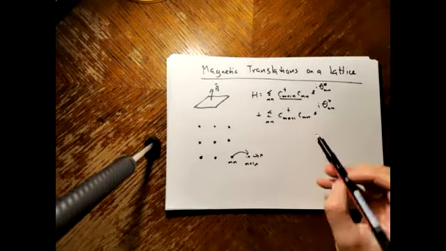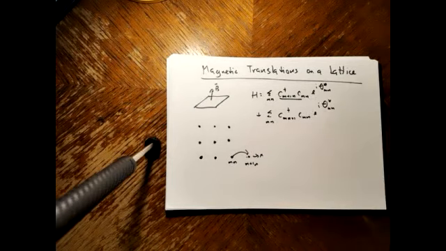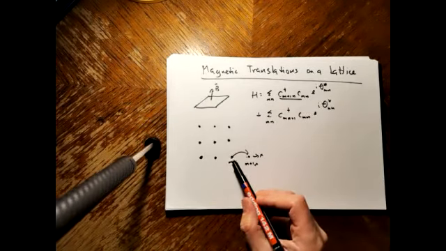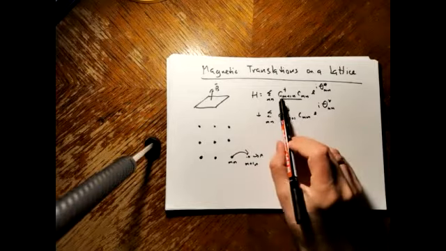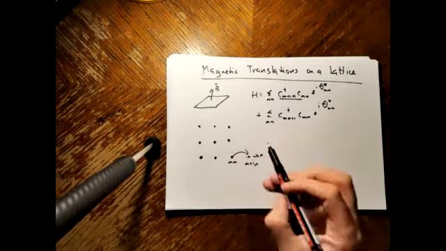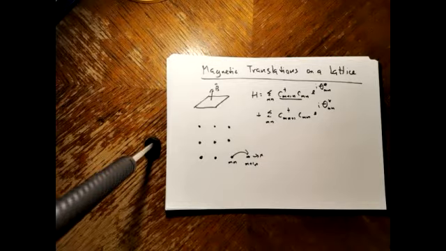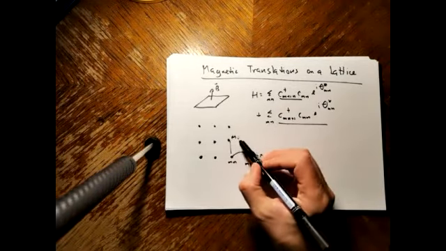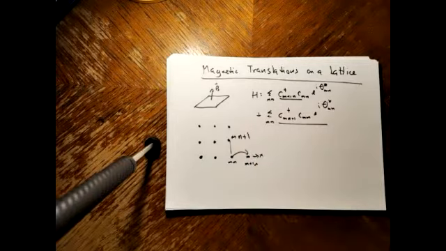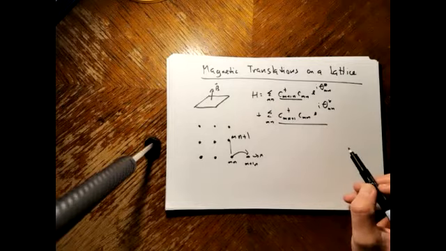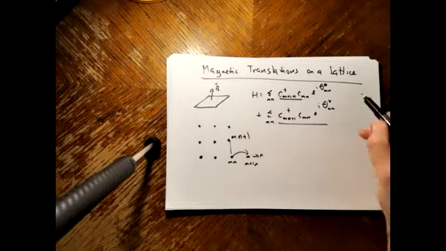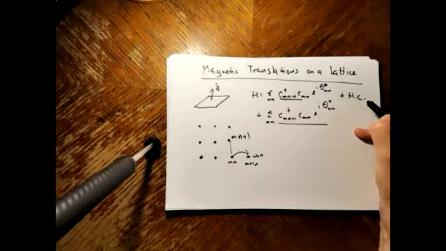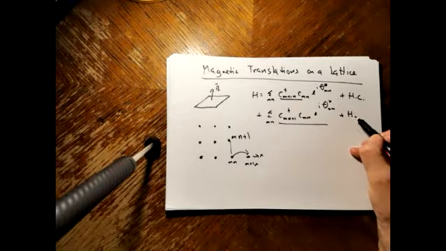This operator C_{mn} here annihilates a particle at lattice site (m,n), but this C^†_{m+1,n} creates a particle at its next-door neighbor in the x direction. Then we have this operator which does the same thing in the y direction. So here's our site (m,n+1). We also need to add to this, to make the Hamiltonian Hermitian, the Hermitian conjugate of both of these.